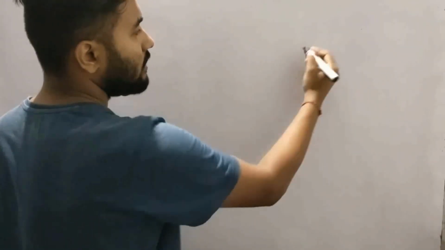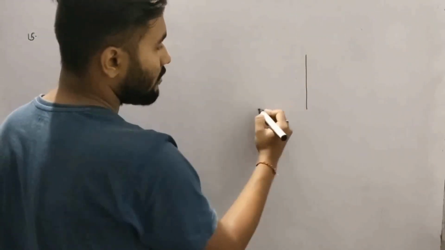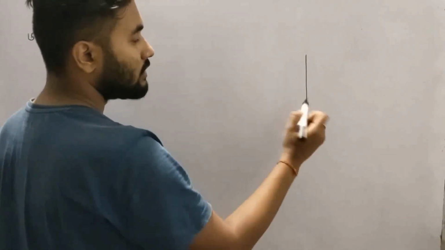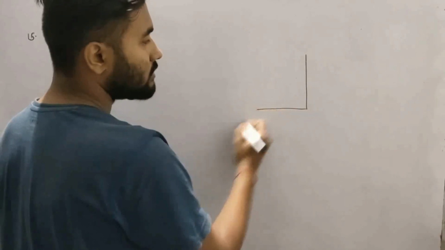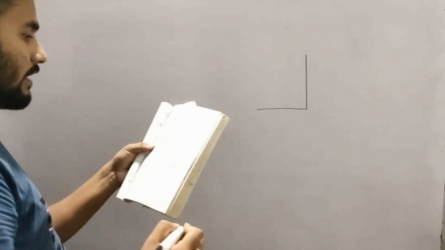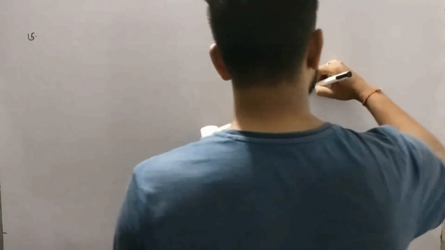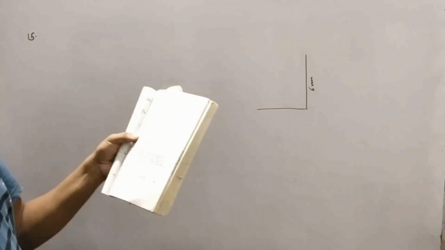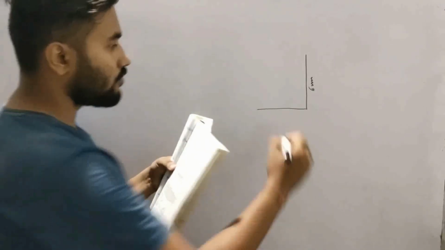Say the sun is over here, so it casts a shadow. Where will the shadow of this pole be? Definitely on the ground, right? So it casts a shadow of 4 meter long on the ground.